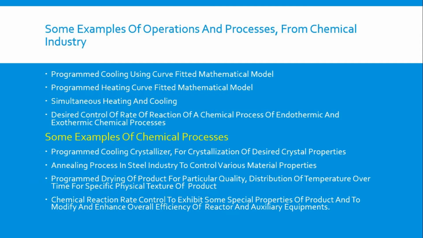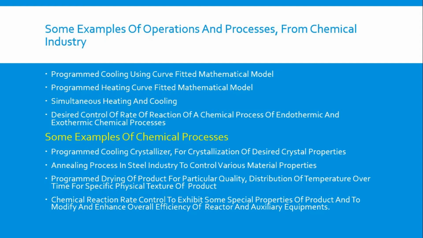The processes involved are programmed cooling crystallizers. Crystallization is number one unit operation that can be employed using a curve-fitted mathematical model with the help of controller hardware and other necessary equipment. Annealing process in the steel industry to control various material properties for aviation and some advanced industry.